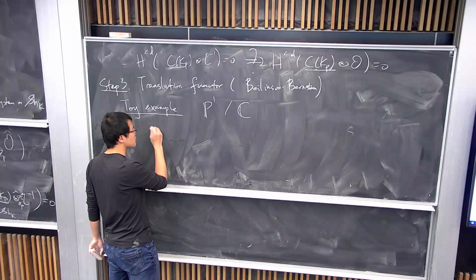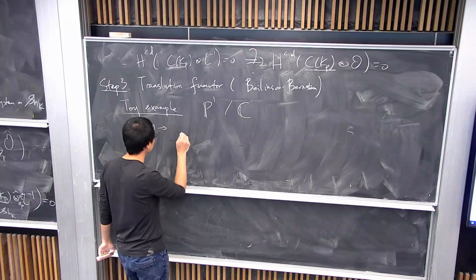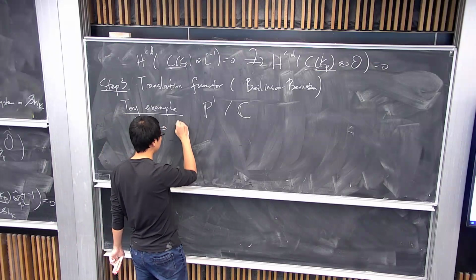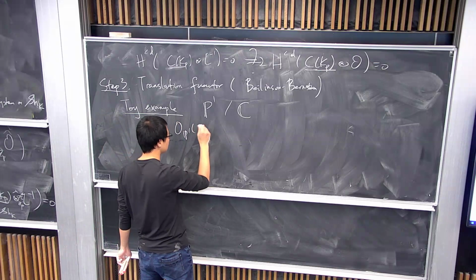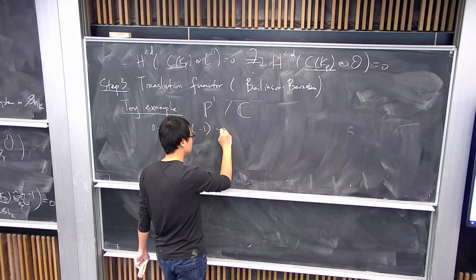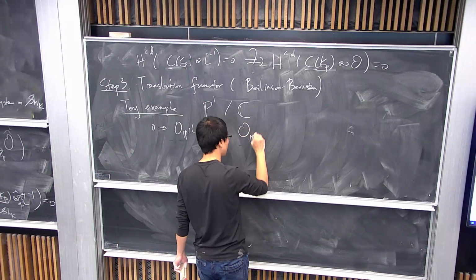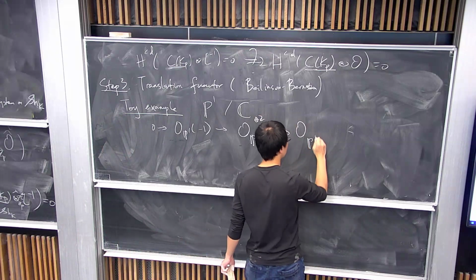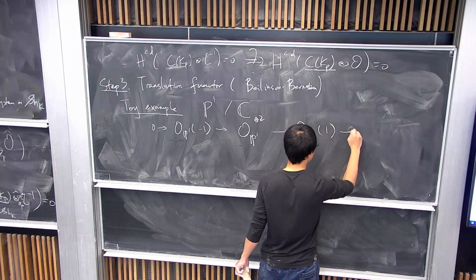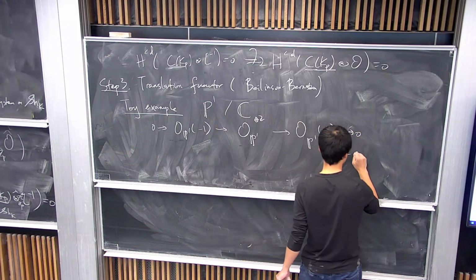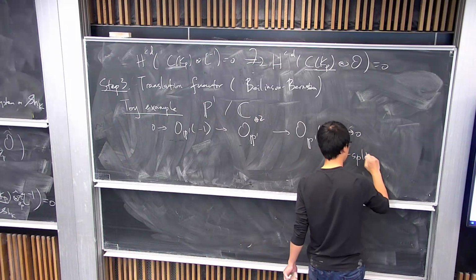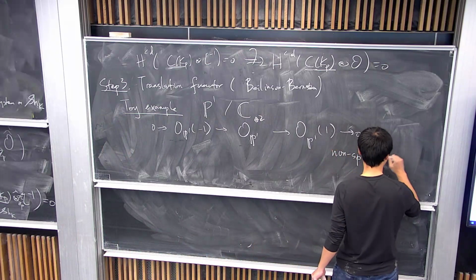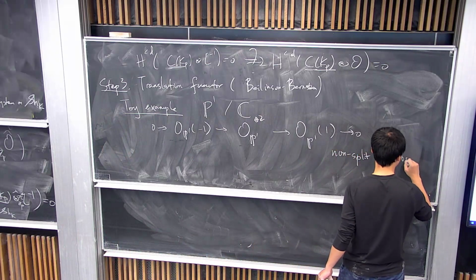So I think you all know that on P1 we have this sequence of vector bundles, and actually it's a non-split sequence of vector bundles on P1.